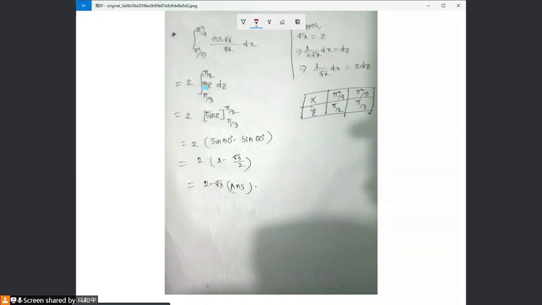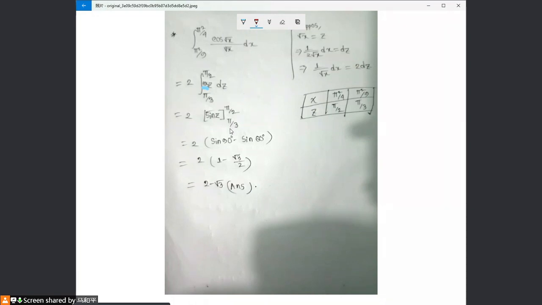And here he writes the upper limit x is pi squared over 4, so z is equal to pi over 2. Here x is pi squared over 9, so z is pi over 3. And by the second fundamental theorem, this is 2 sine z, from pi over 3 to pi over 2.